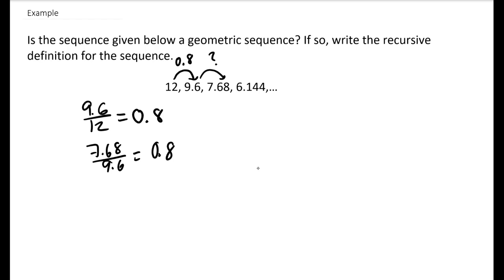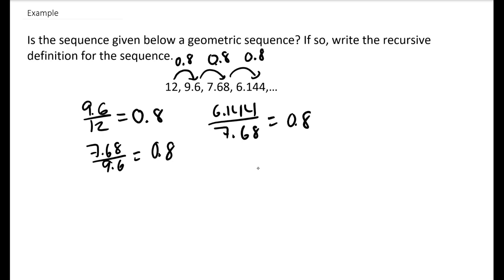So this actually holds true as well. And just in case, we'll do it one more time: 6.144 divided by 7.68 is also equal to 0.8. Therefore, this is a geometric sequence.